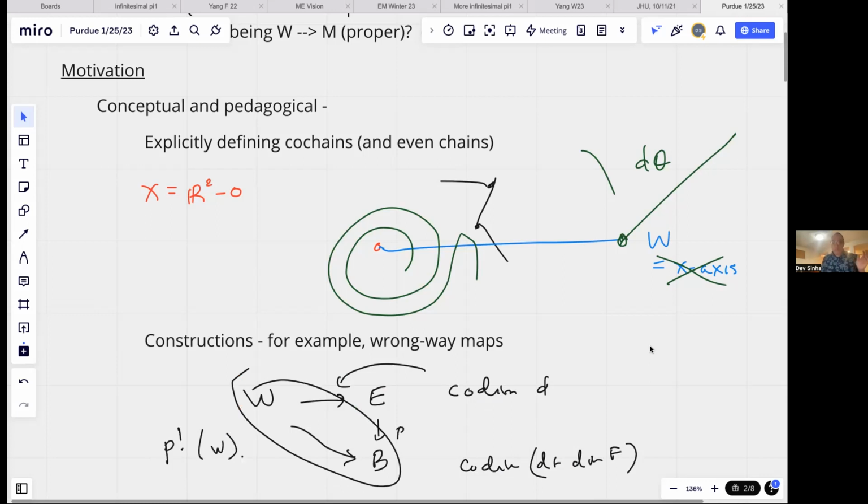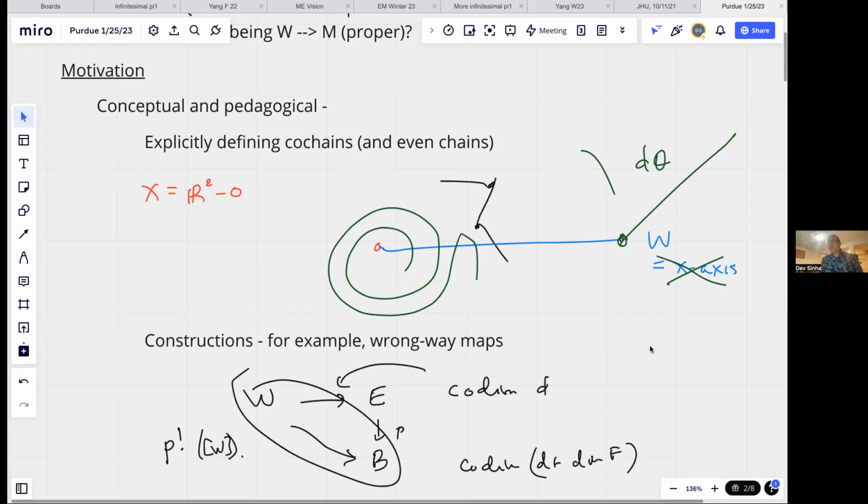If I by abuse call the cohomology class associated to W just W, or maybe tau, sometimes I say tau W for like a Thom class. So wrong way maps, when I studied them as a grad student, had this mysterious shift in dimension, and they're not always defined, but here clearly there's a good reason that they exist.